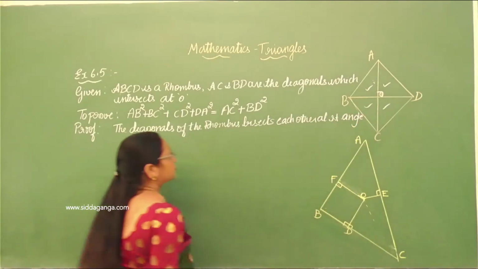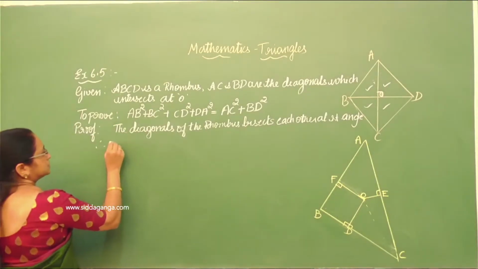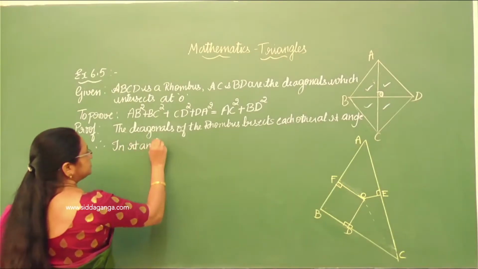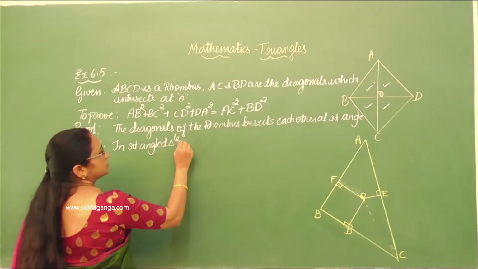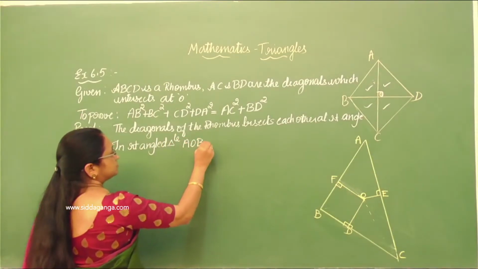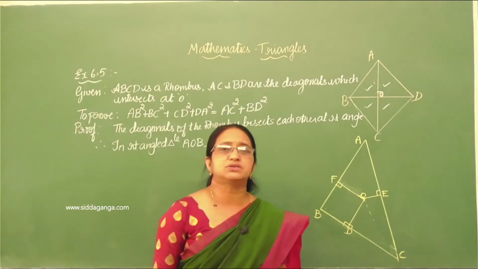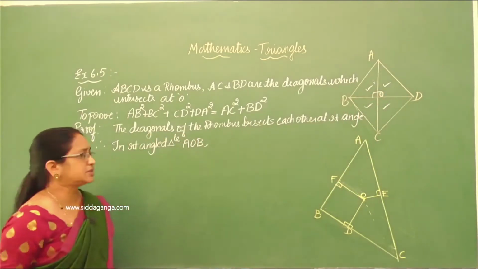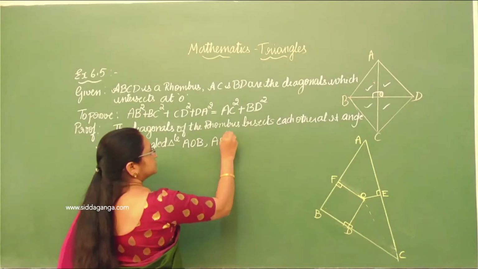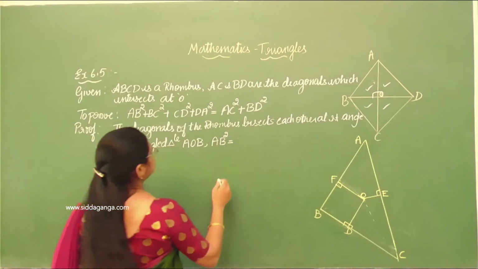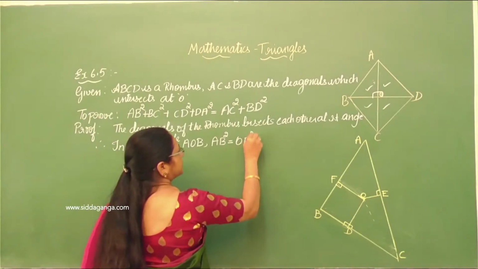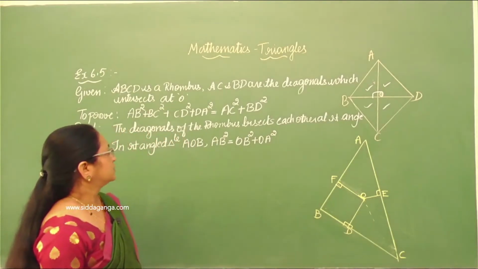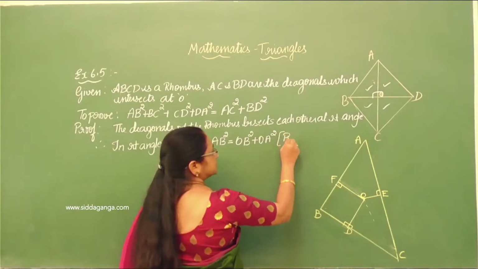Therefore, in right angled triangle AOB, by applying Pythagoras theorem, AB square is equal to OB square plus OA square.